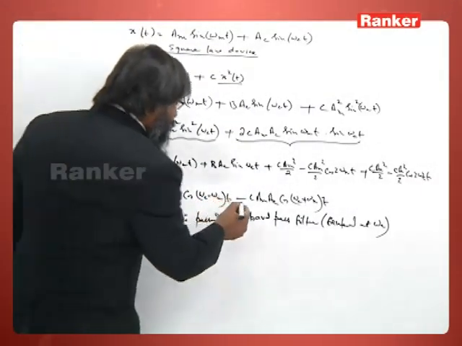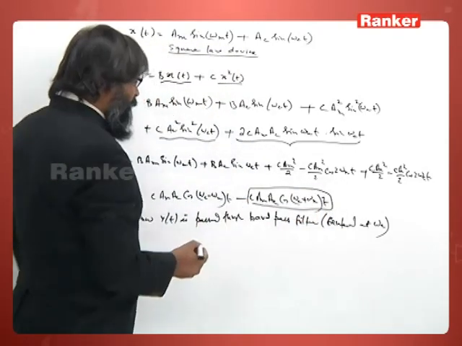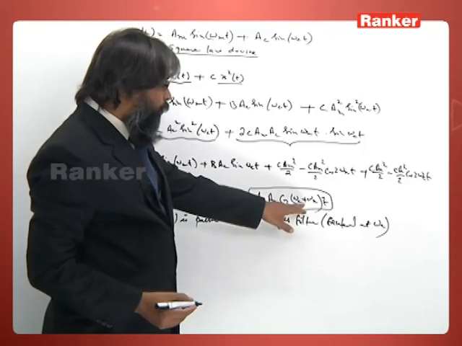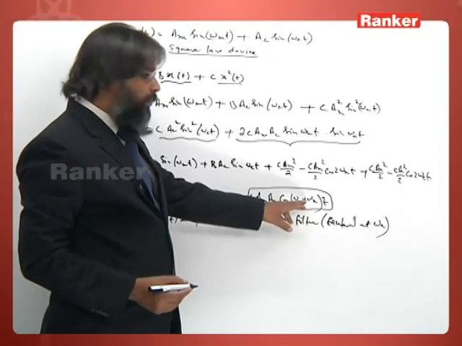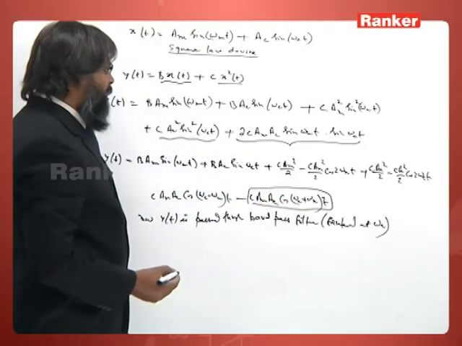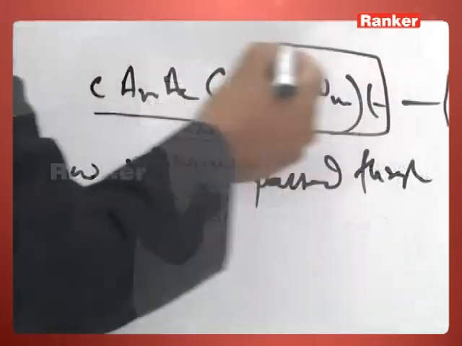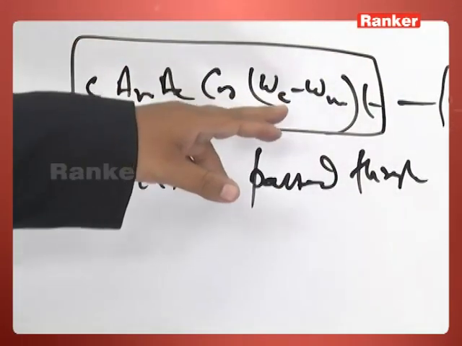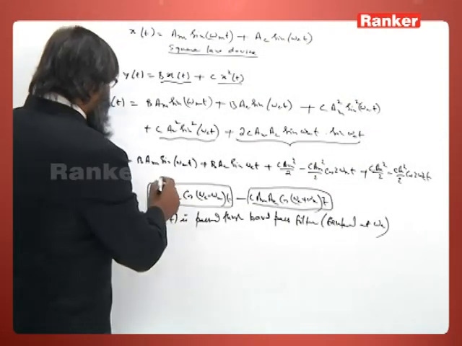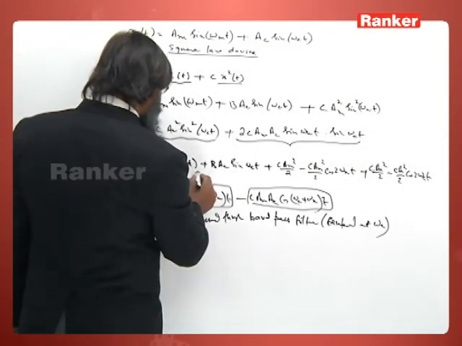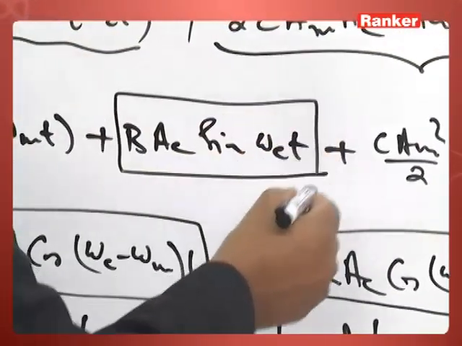You see this term has a frequency omega C plus omega M. For the modulated wave, this was my higher sideband. This was my lower sideband for the amplitude modulation. And you see this term is omega M, this term is omega C.